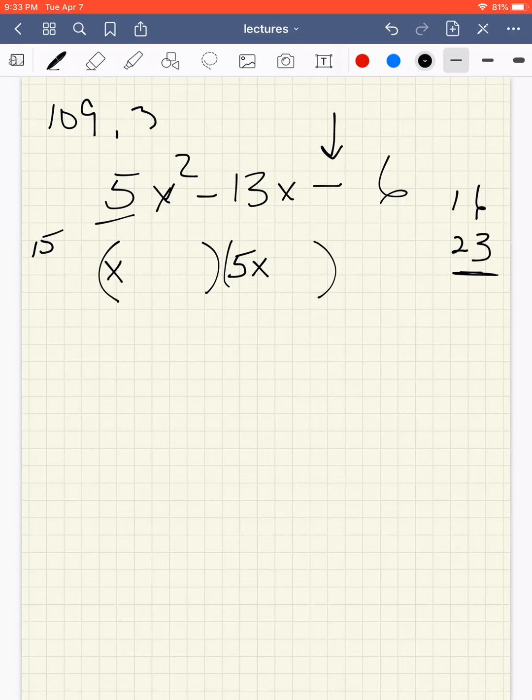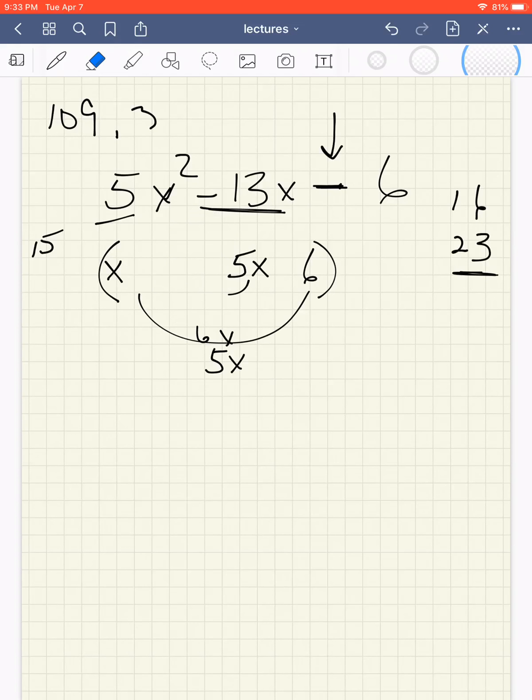I'm not sure which right now until we put the numbers in here. So if I put 1 and 6, that would be 6x and that would be 5x. And these are going to subtract because of this, and there's no way for that to be negative 13, is there? So, going to erase that.